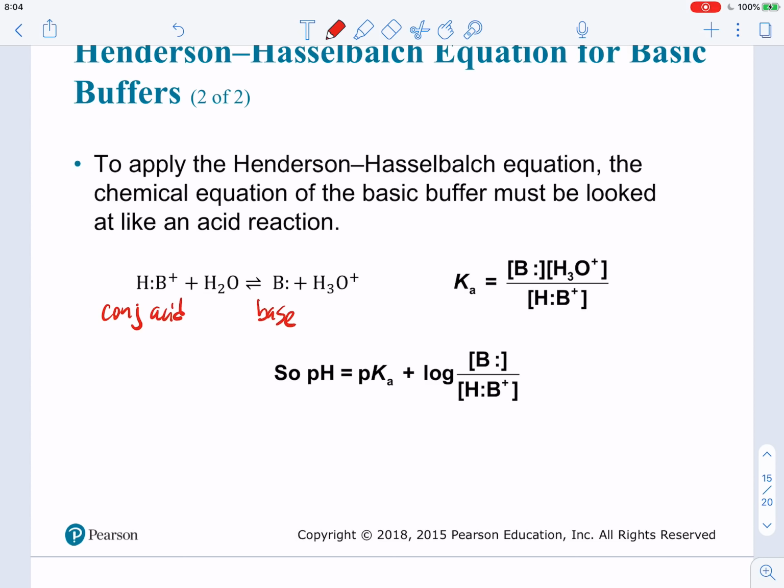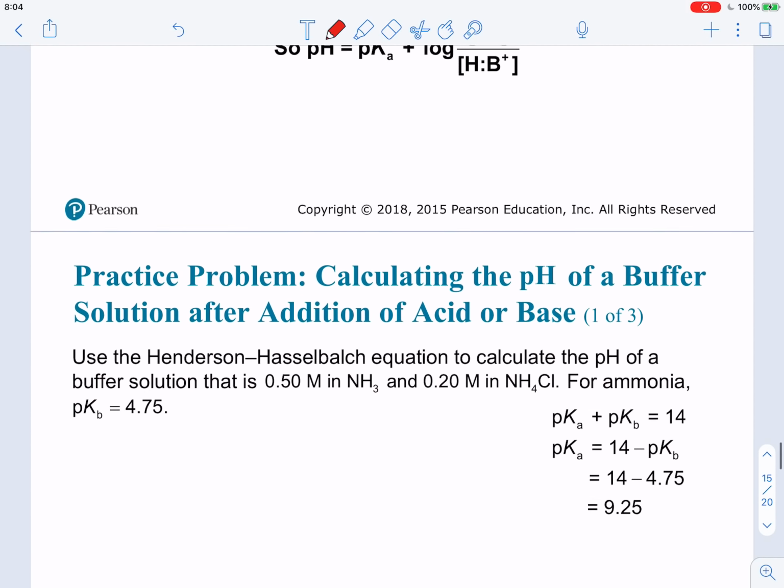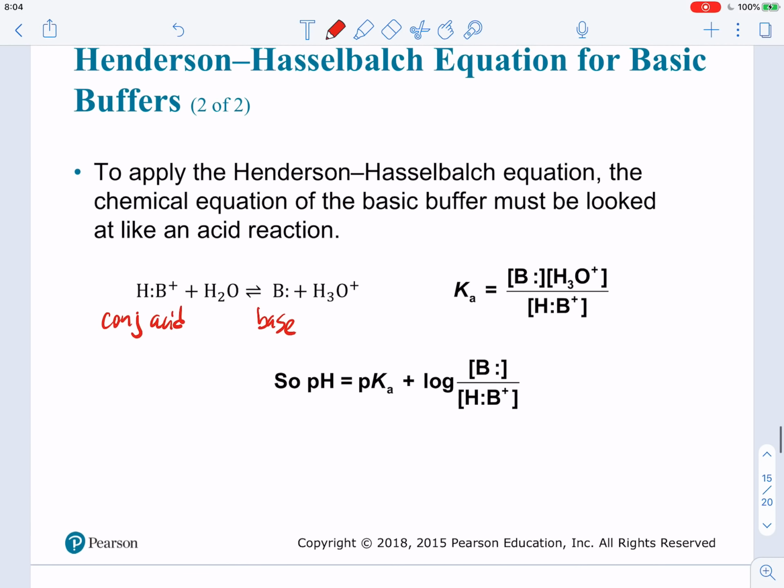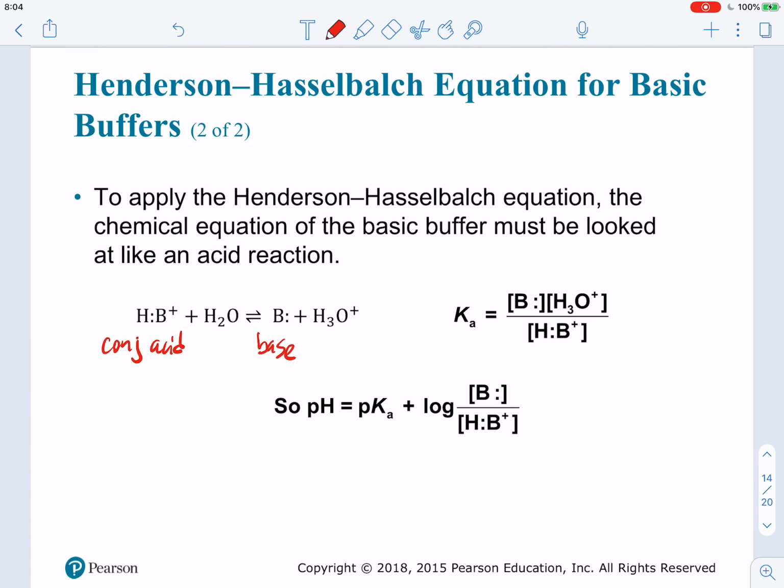Okay? So that means that we have to make another calculation here, right? Because this is the acid equilibrium for the conjugate acid, and this is Ka for that, right? But what is Kb?